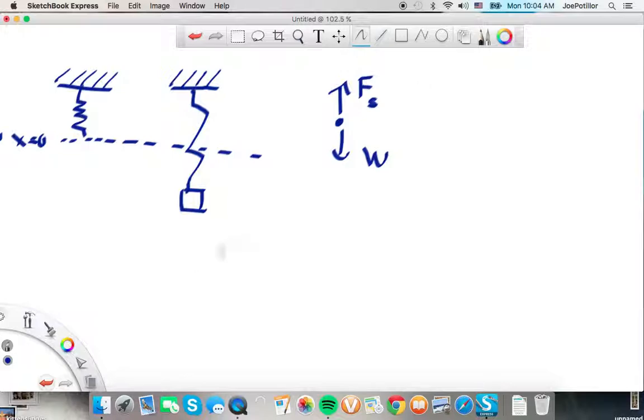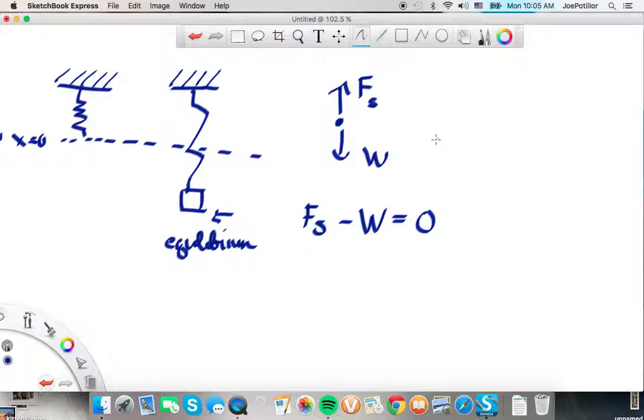This is the equilibrium position, because the sum of forces in this situation is 0. So the force of the spring minus the weight is absolutely nothing.